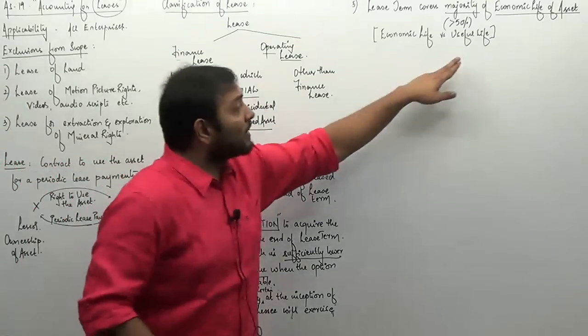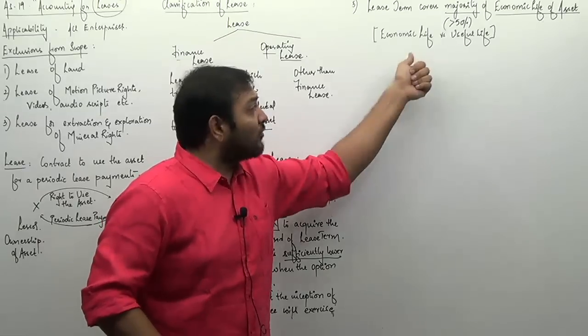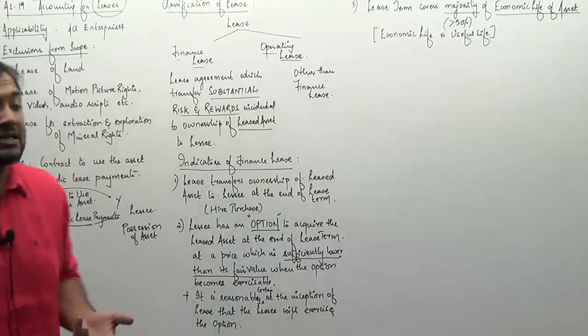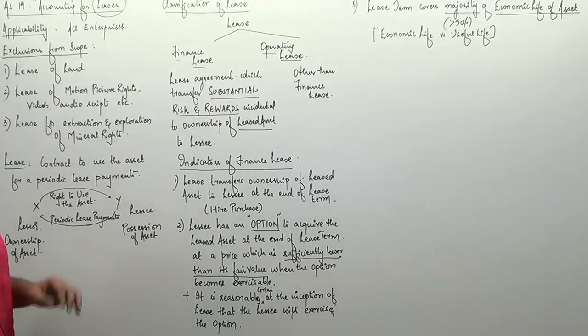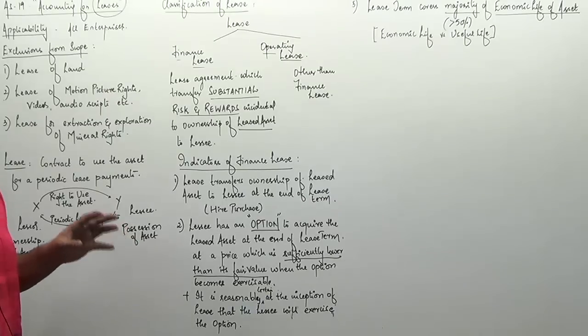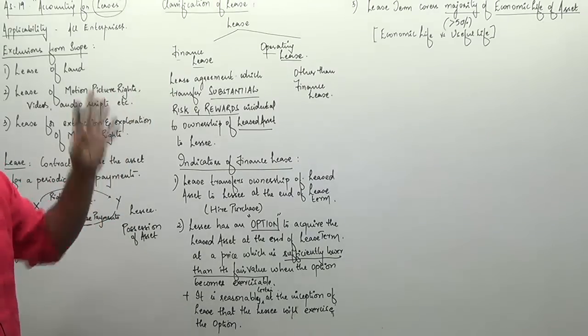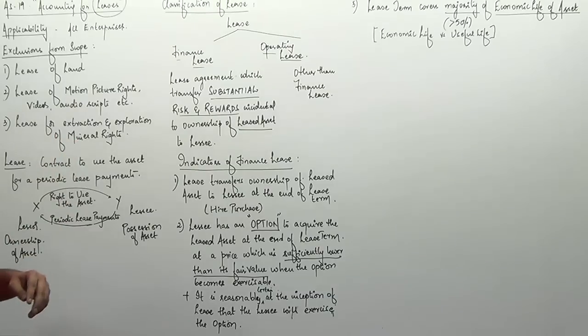It is not economic life of the asset. So there you stress useful life, not economic life. AS 26, intangible assets also talk about amortization over useful life of the intangible asset, not the economic life at all. The useful life word is used in plenty of places. Wherever it comes to amortization, depreciation, everything is as per useful life of the asset. Then what is the difference between economic life and useful life?